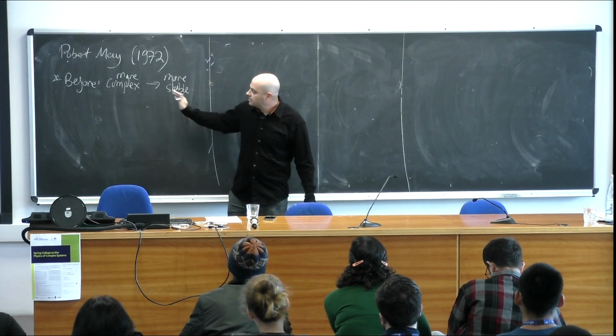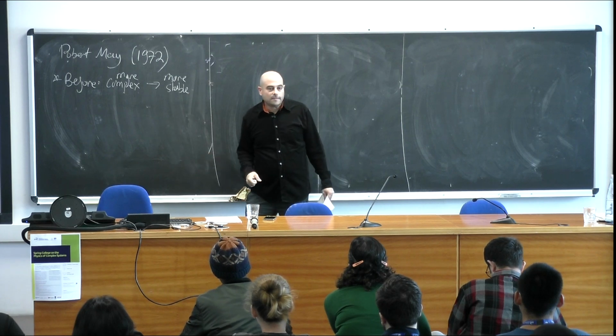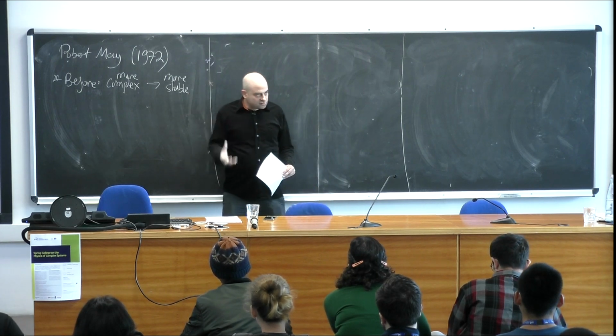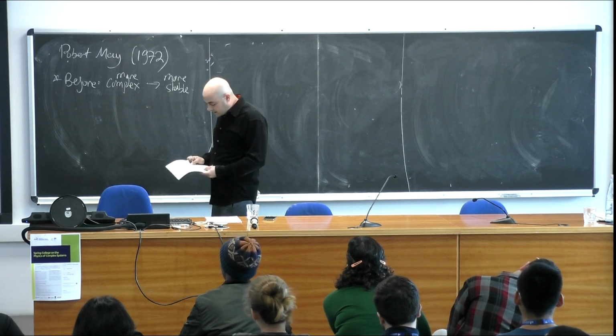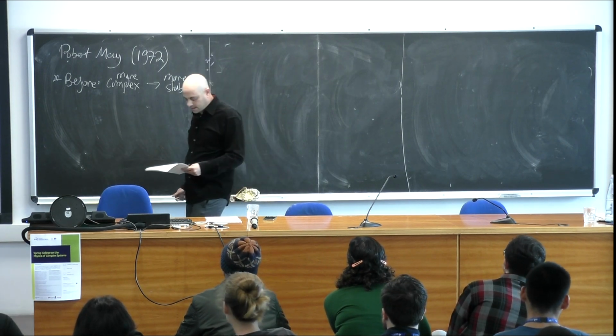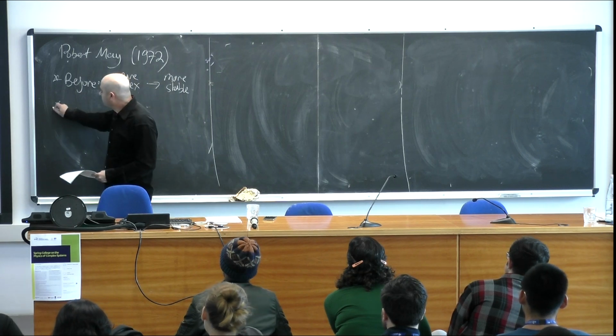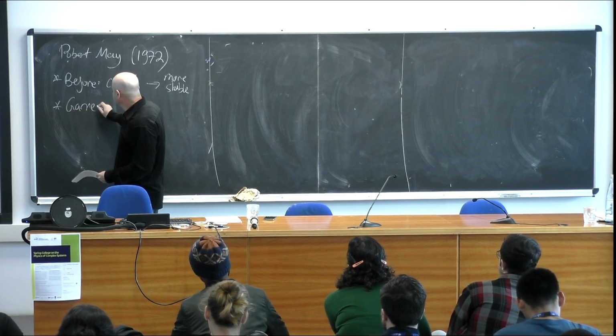So this idea that a complex ecosystem is stable has very strong intuitive roots, right? But then people started questioning the math, and it's worth mentioning a paper by Gardner and Ashby.